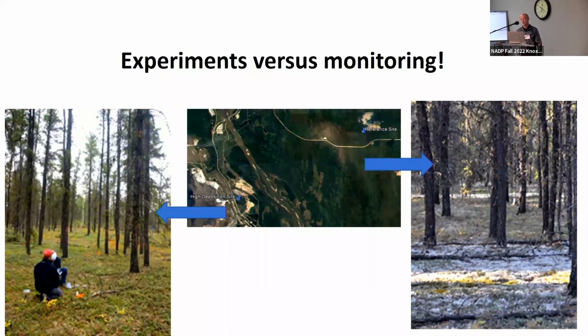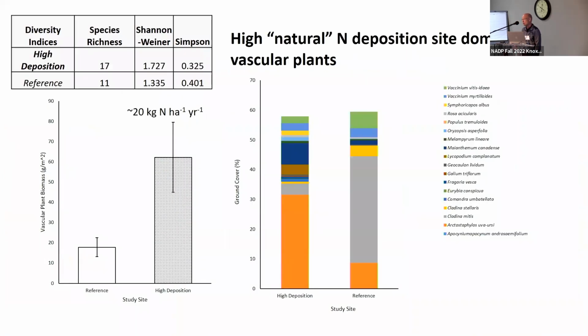When you actually do a comparison, this site has had about 20 kilograms of nitrogen for about 50 years, we estimate. And in this case, you see a very different response than we got from our 5-year experiment. The vascular biomass is about 3-4 times higher at the high deposition site.